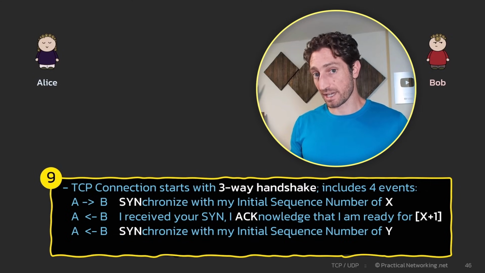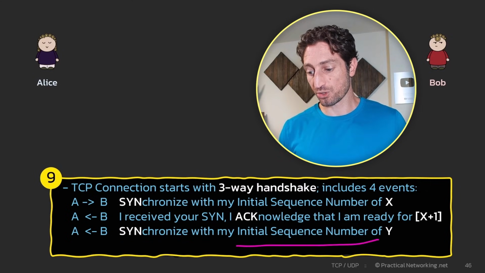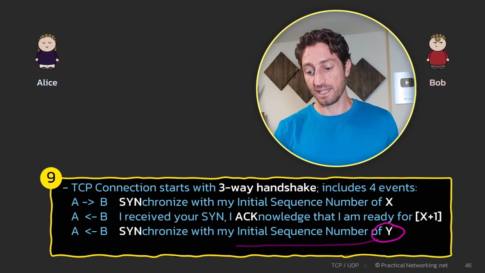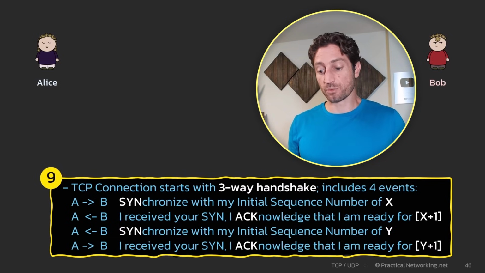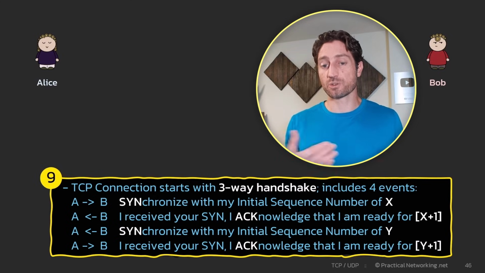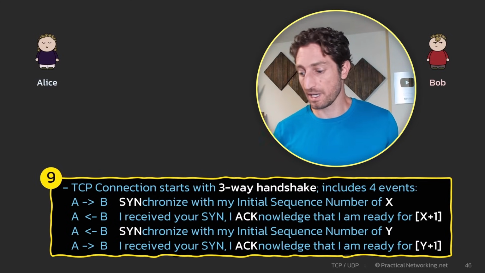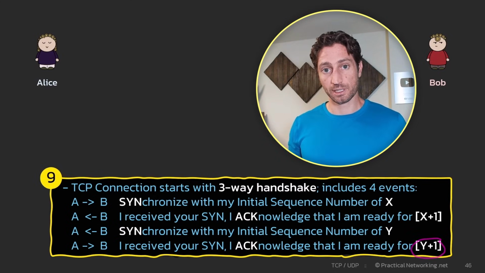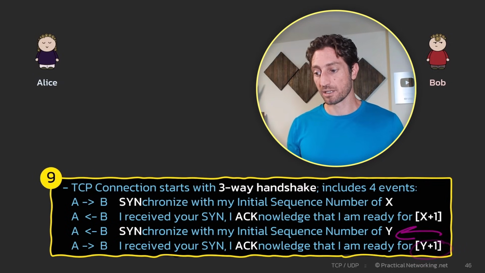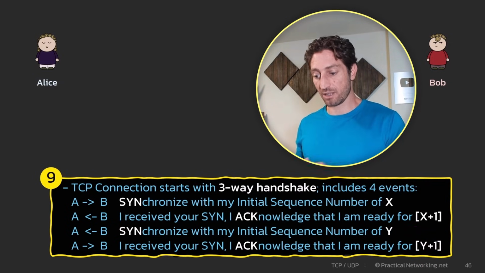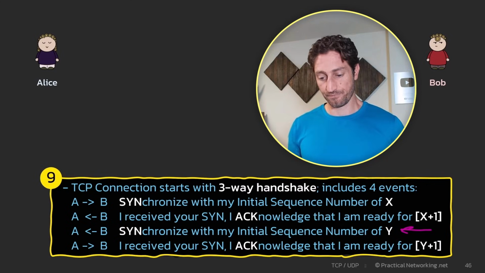And that's what happens next. Bob picks an initial sequence number, in this case Y, and sends a synchronized request to Alice. And Alice, predictably, will respond with an acknowledgement saying she has received Bob's synchronized request by responding with Y plus 1. Again, the only way for Alice to send Y plus 1 is if she had received Y. So that's how Bob knows that Alice had indeed received Y.